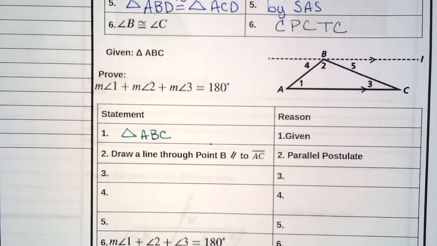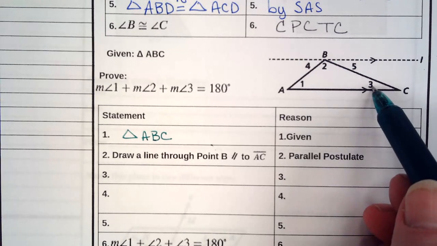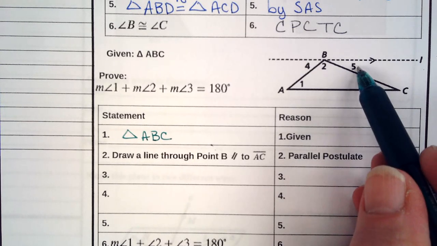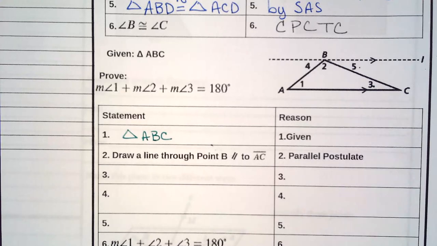Well, we know that if we're looking at interior angles, which ones are congruent? If I'm looking at angle 3 and angle 5, what kind of angles are they? Same side or alternate? They're alternate interior angles.